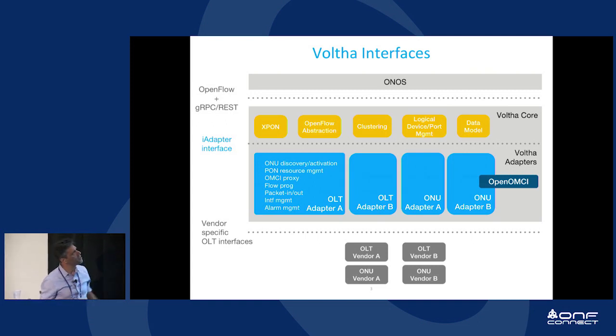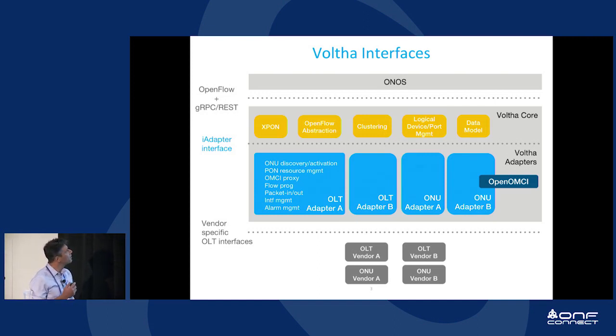The yellow part is the core, and the iAdapter interface, which Sergio mentioned, is the internal interface right now within Voltha between the core and the adapters. That is changing from the iAdapter, which was basically a function call interface, to a Kafka level interface.